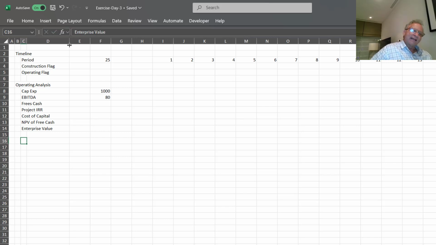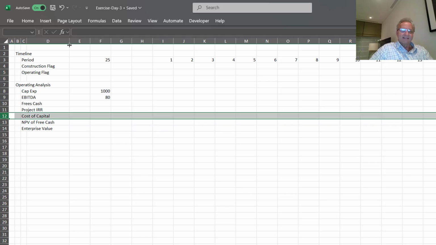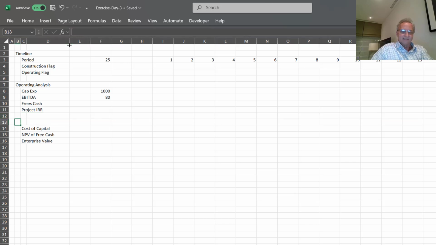Then we can take the enterprise value, and let's call this the valuation, and we get the enterprise value, and let's put the EV to EBITDA. Let's show you, with different numbers, what our valuation comes up to be.